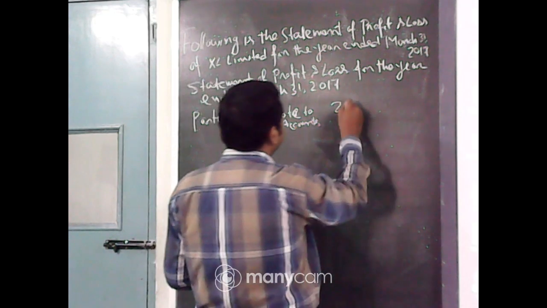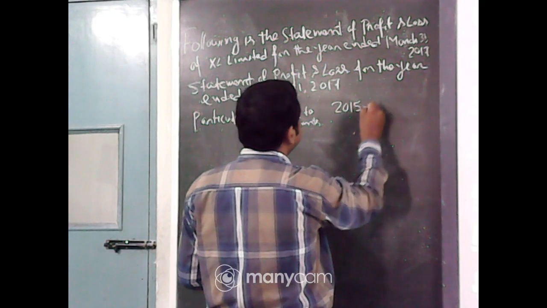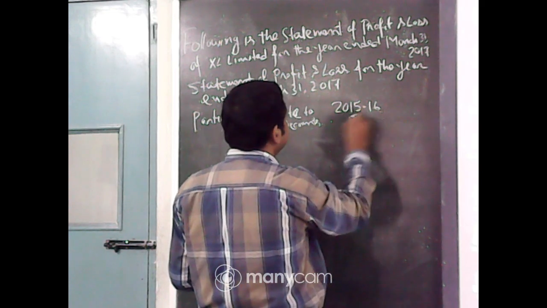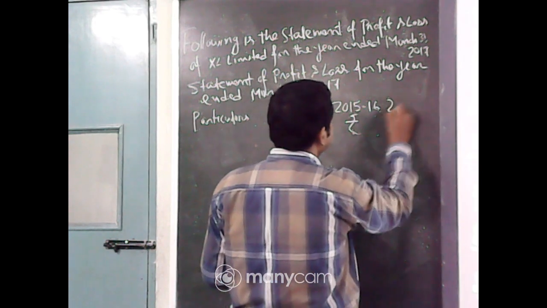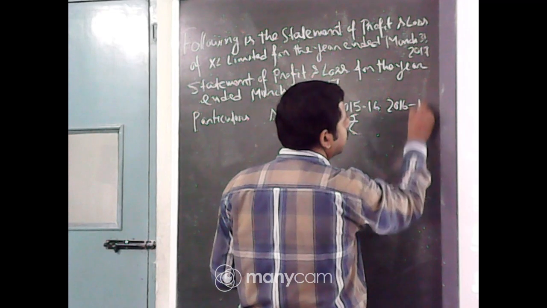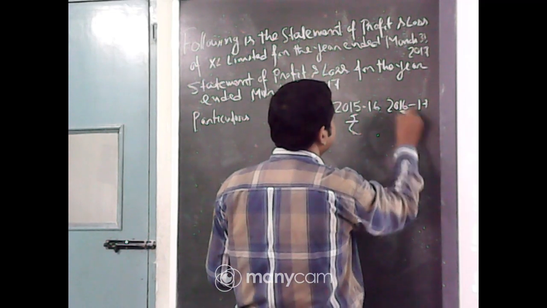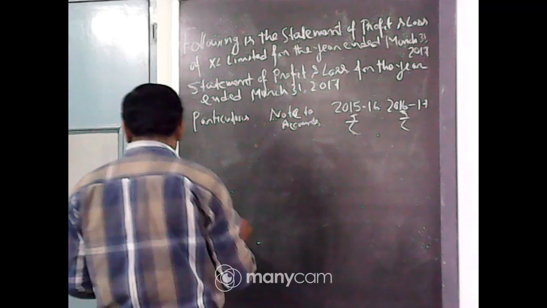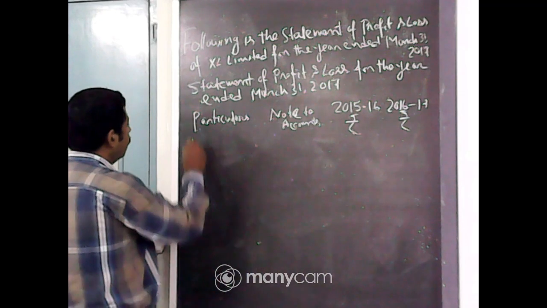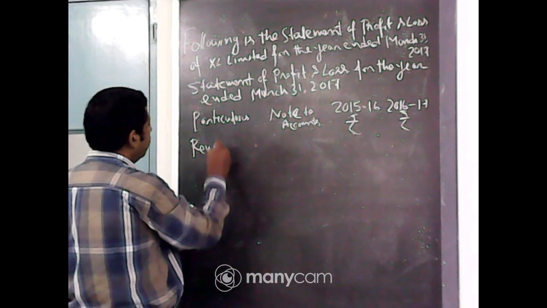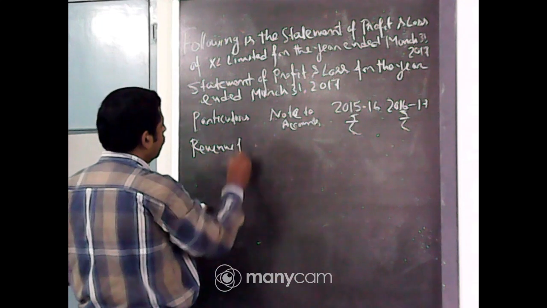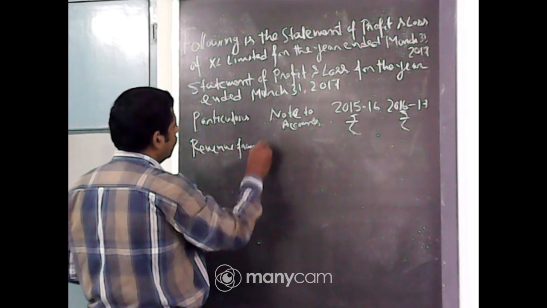Then there is data for 2015-16 rupees and 2016-17 rupees. First they have given revenue from operation.